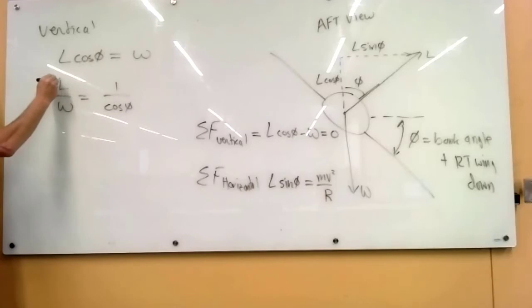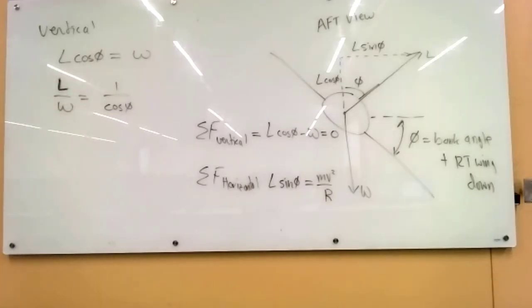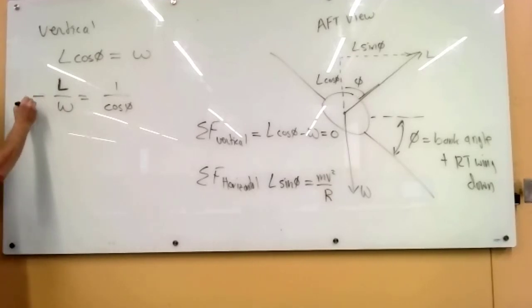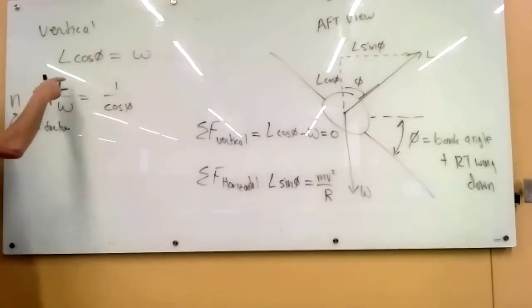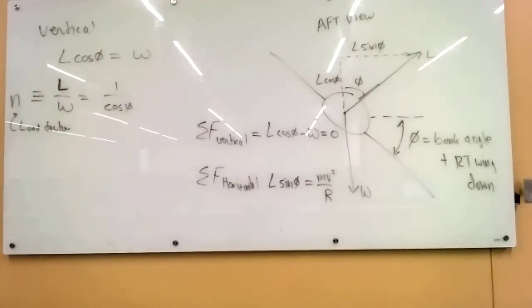This is how much lift we have compared to the weight. And this is what we call the load factor. By definition, it's the lift divided by the weight. So if we're doing a 2G turn, the lift is twice the weight.